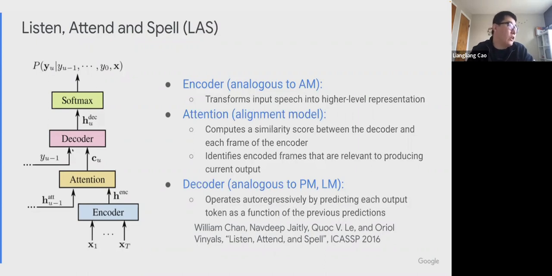Encoder, attention, decoder: you can think of the encoder as analogous to the acoustic model, the decoder as the language model, and the attention here just does the alignment. Mathematically, LAS is probably the most beautiful model among all the things we are talking about. But LAS also has its problems, and these days we don't really use LAS too much in production systems.